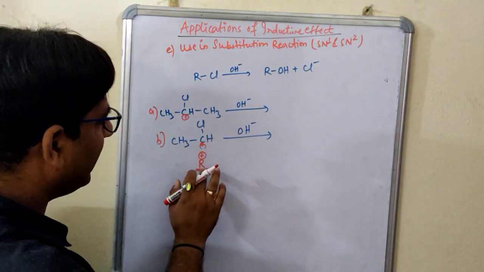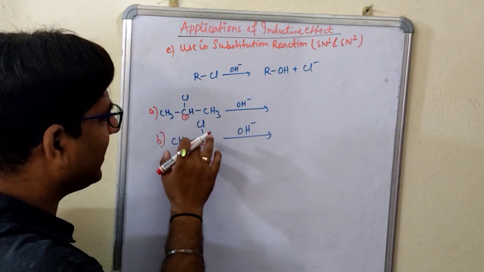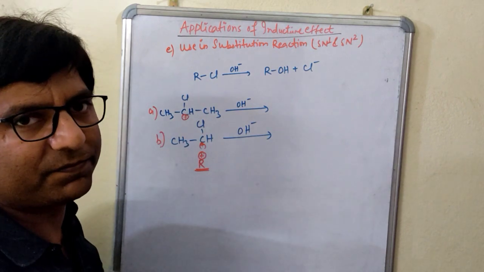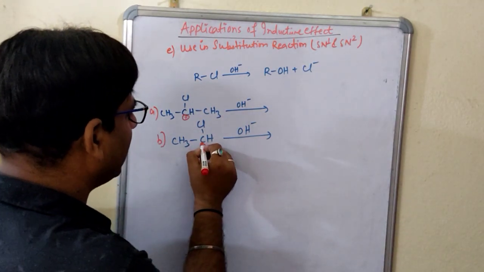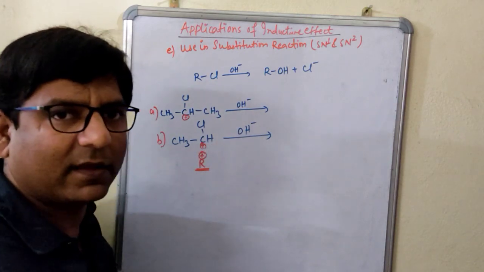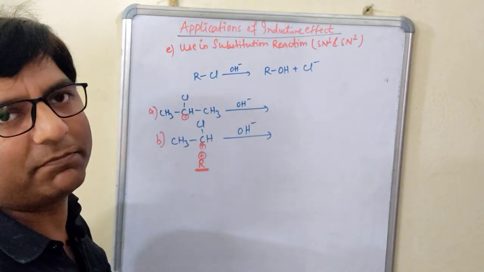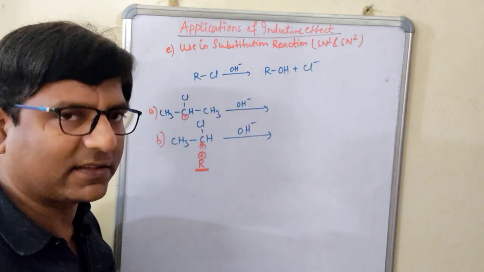How easily we are providing stability to the carbon carrying the positive charge, there will be easy removal of that leaving group. Now we will see where we can stabilize the positive charge much more quickly, so that we can easily remove the leaving group, and then the substitution can be done very easily and fast.